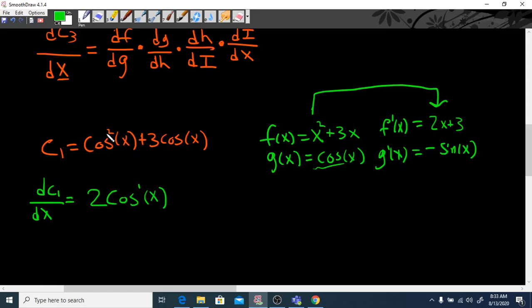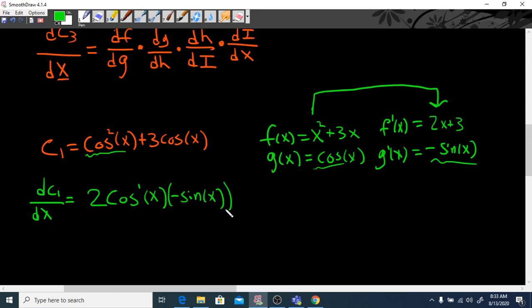Now we move in. After we handle the outermost function, the square part, then we move in to cosine. The derivative of cosine, as we've already written here, is negative sine. So there's the derivative of the first piece. And then the input of sine is just regular x.